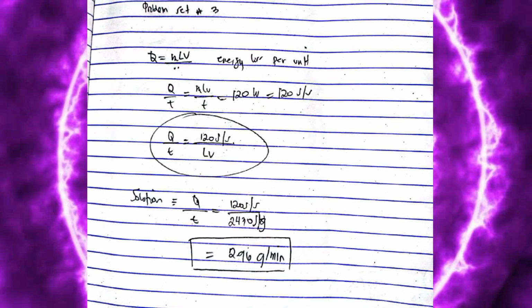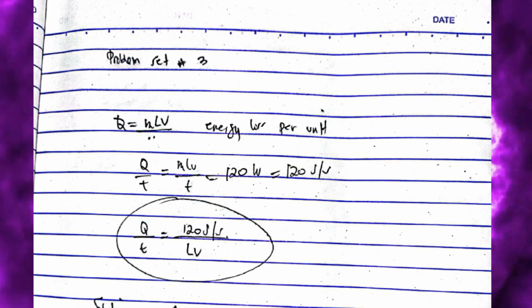So in this problem, we use the equation Q is equal to mass times latent heat of evaporation. So for the energy loss per unit time, we divide the equation on both sides by time. We can convert the 120 watts into 120 joules per second.